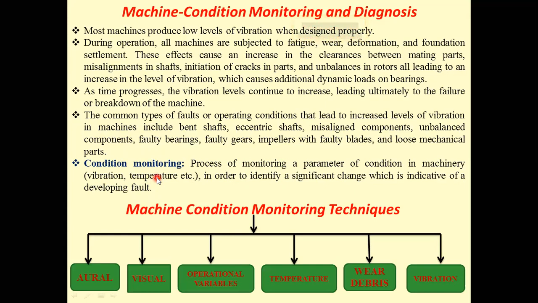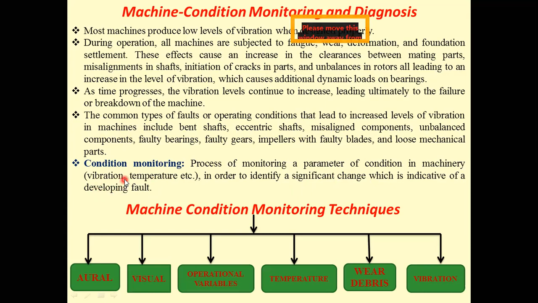These are some parameters that can be monitored in order to identify a significant change, and this change is indicative of a developing fault. So this is called condition monitoring.